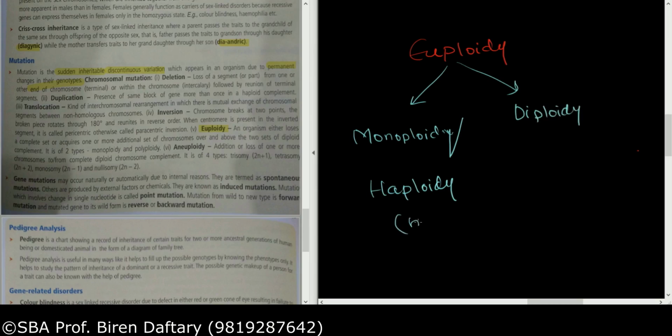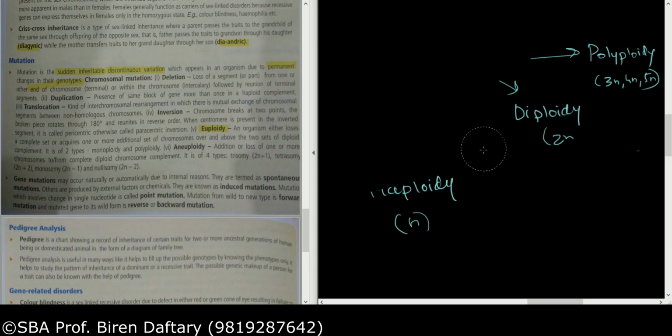So this is N, this is 2N, and then there is polyploidy, that is 3N, 4N, 5N, etc. Correct? So this is when the chromosomes are present in exact multiples. What is aneuploidy? Aneuploidy is a condition in which chromosomes are not present in exact multiples. So in aneuploidy you may have extra chromosomes or you might have loss of chromosomes.